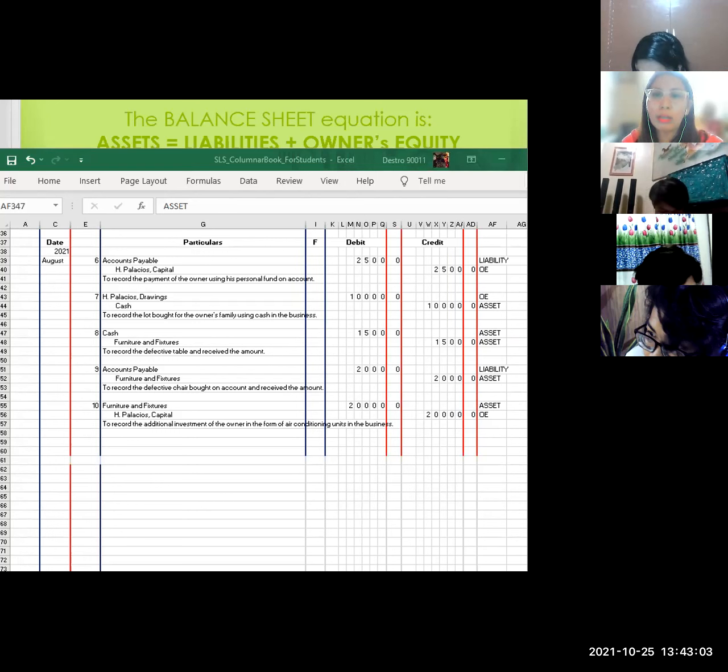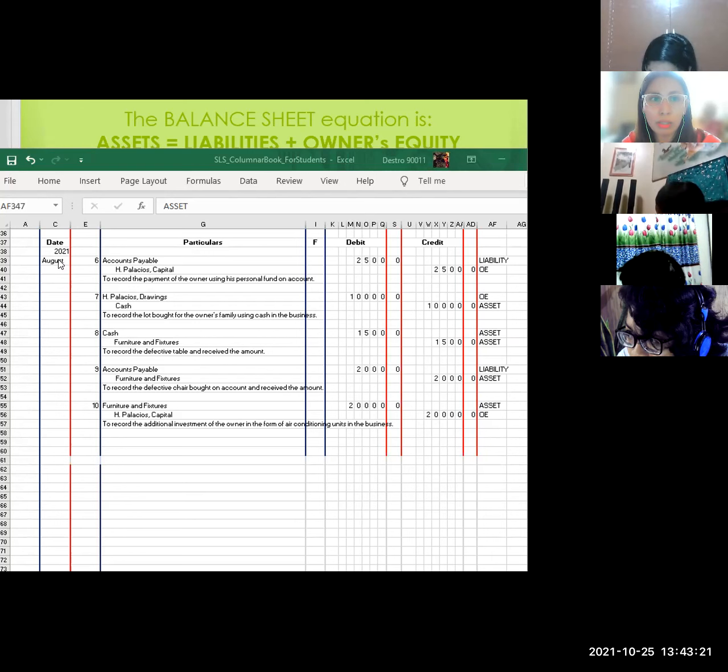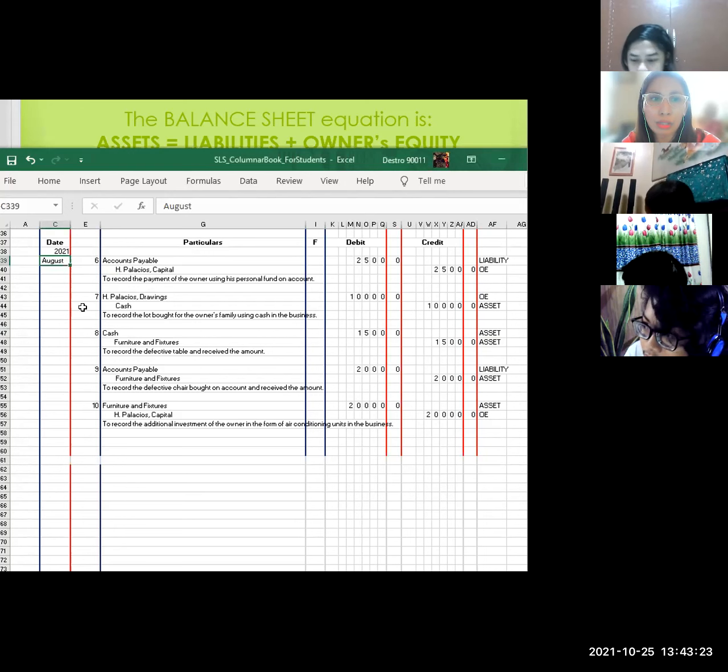Now, after gathering the information on the transactions, the events that happened in the accounting period, in this case a 10-day transaction in the month of August, the next step is providing the general ledger.